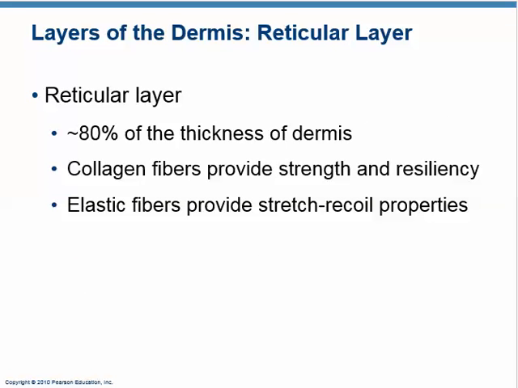The reticular layer is 80% of the thickness of the dermis, and gives it strength and resiliency. There's some elastin in there that gives it its recoil properties, and as skin ages, there's less and less of that elastin. Leather is the reticular layer of the skin of whatever animal the leather comes from, so pig skin or lamb skin or beef hides, it's completely the reticular layer.